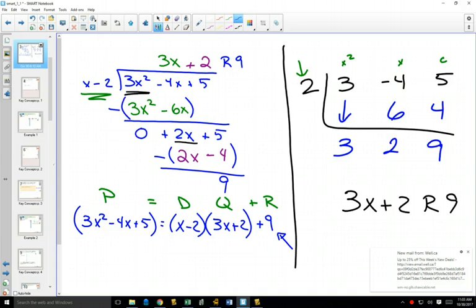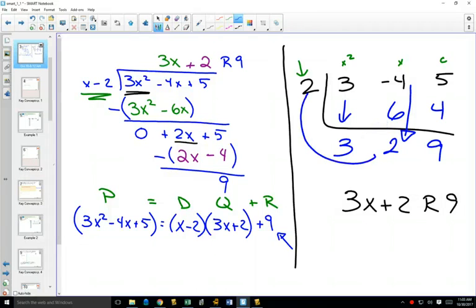The next thing you do is you multiply 2 times 3. 2 times 3 is 6. And then you add to get 2. Repeat this process.